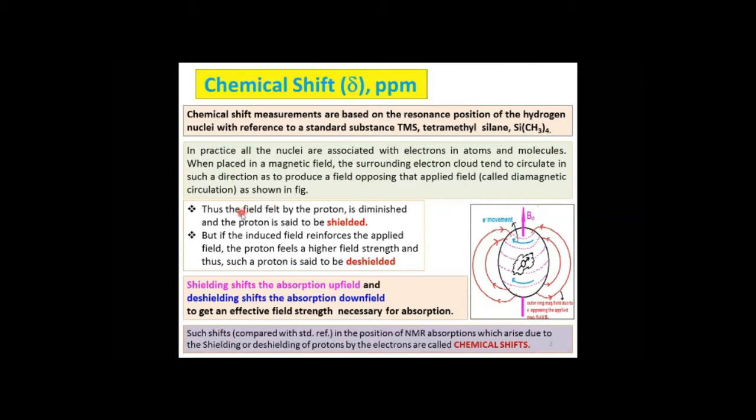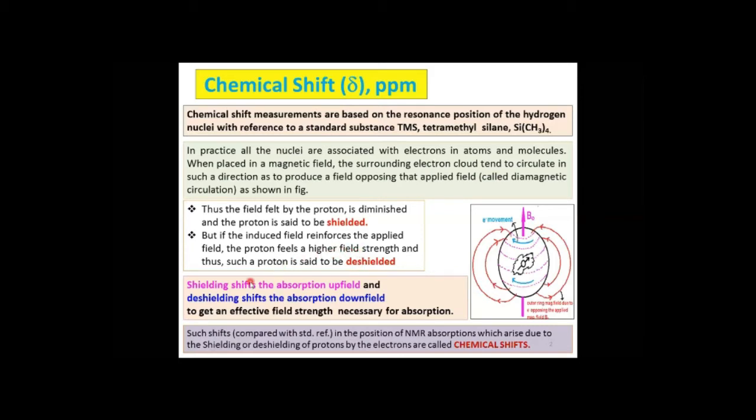Thus if the field felt by the proton is diminished, then the proton is said to be shielded. But if the induced field reinforces the applied field, then such protons are said to be de-shielded. Why? Because they feel a higher field strength.